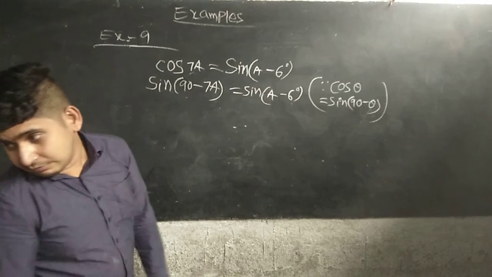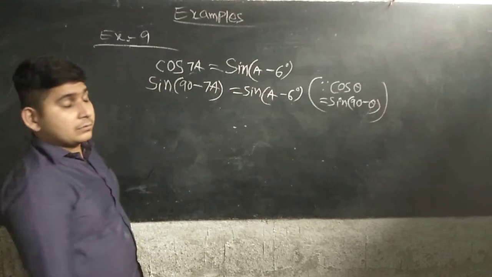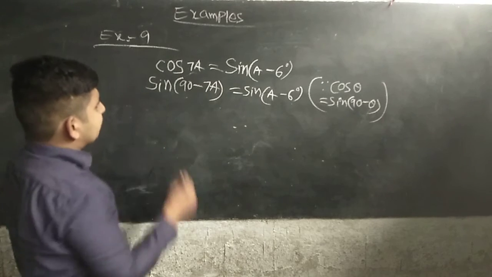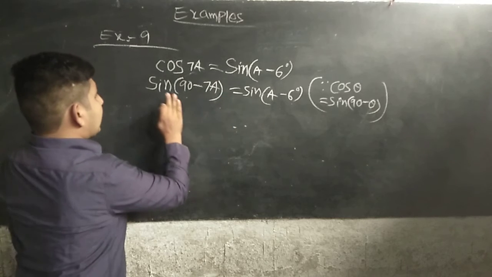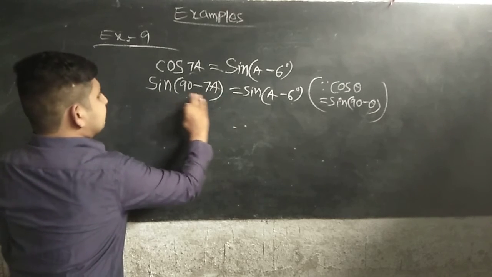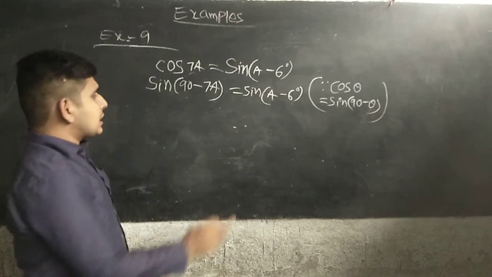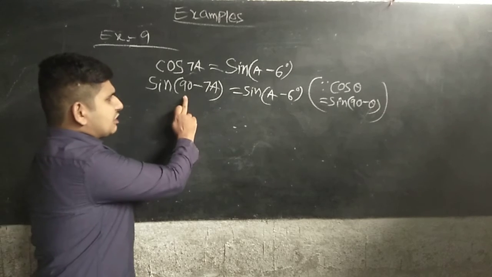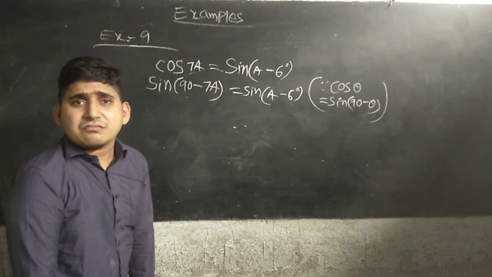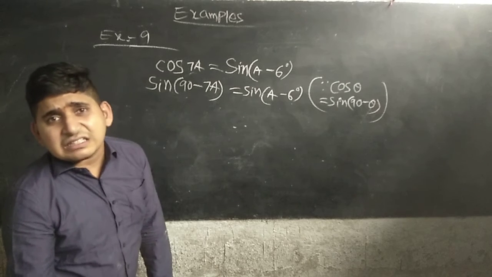Now 90 minus 70. Look here. In this equation, the sin trigonometric ratios are equal. So sin theta 1 equal to sin theta 2, and automatically theta 1 equal to theta 2.